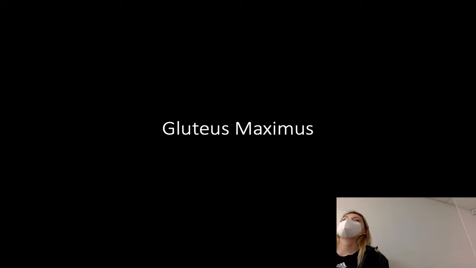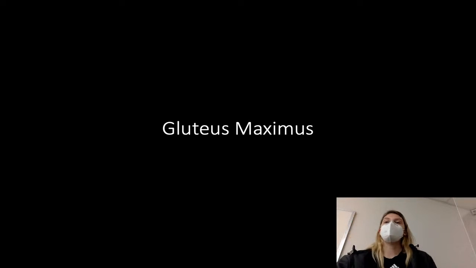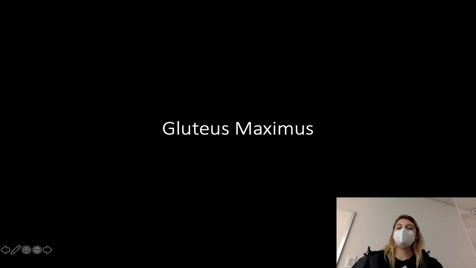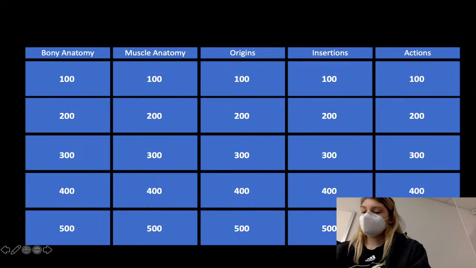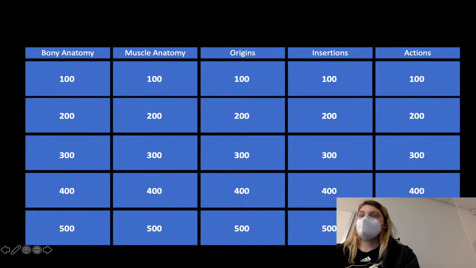We know hip extensors are on the posterior side, right? Gluteus maximus. It's your main hip extensor. That was 200. You have 1, 4, and 5 left.